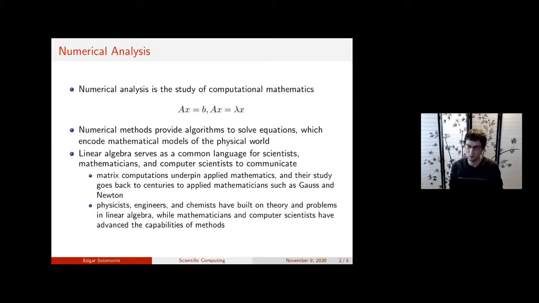But actually, all of those cases have a commonality in that what we are really doing is solving a set of equations that describe physical laws. And what we usually do in order to achieve that is to express things in terms of equations, often using linear algebra, because linear algebra enables us to compute solutions to many problems.